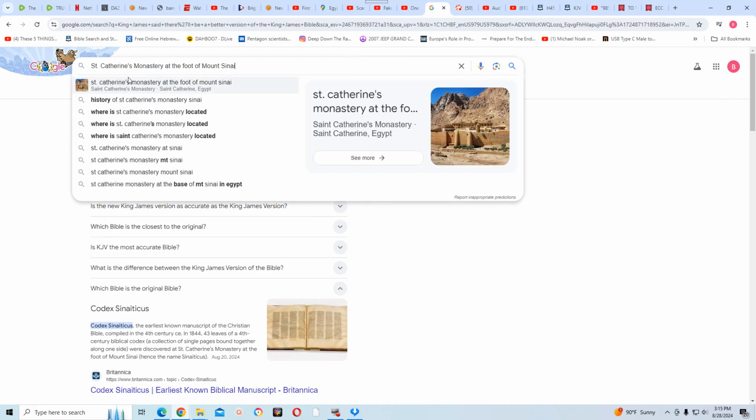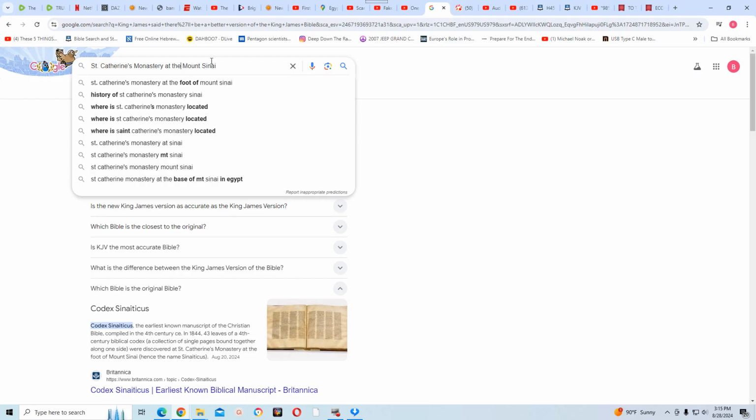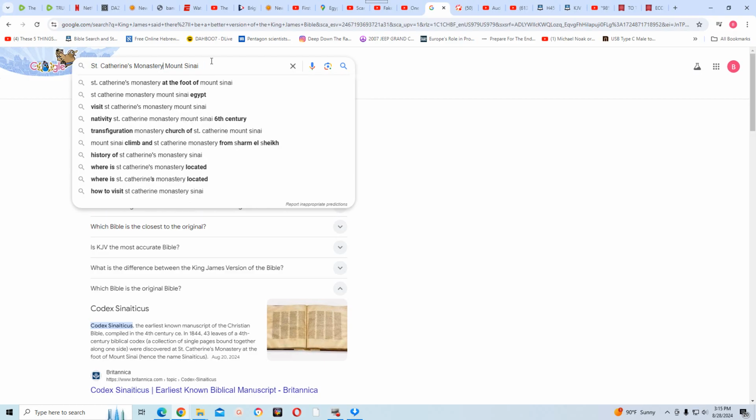Okay, here we go. St. Catherine's Monastery, Mount Sinai. Hey, these Edomite scholars, they take these scriptures, the Bible and all that, they take this thing very seriously. So let me click on that.